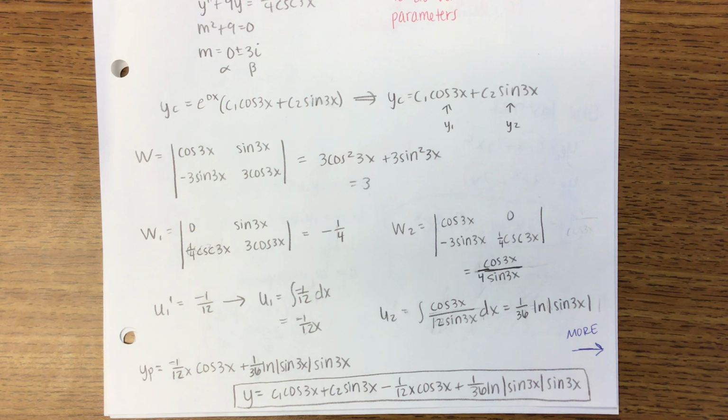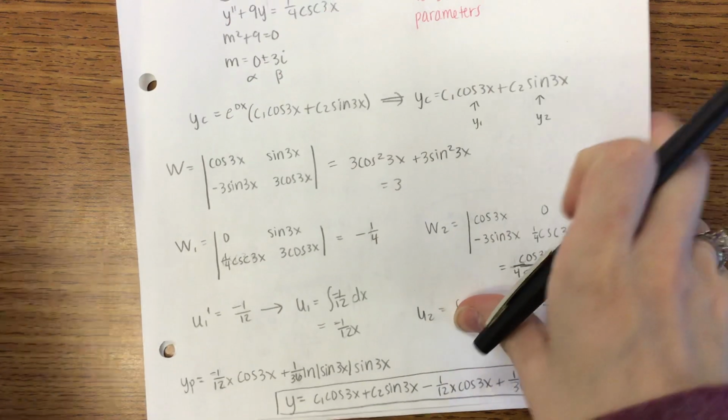Okay. Any questions before we talk about the last few things we need to talk about? Okay, so Greta asked, does this mean we can only do this for second order equations?